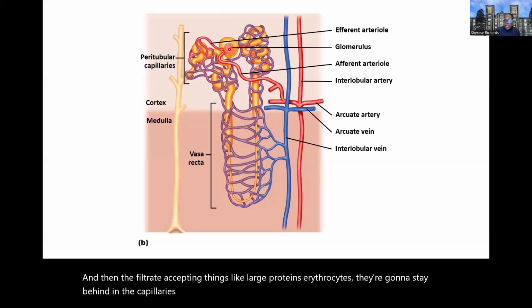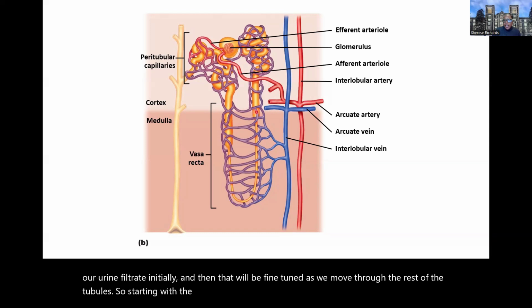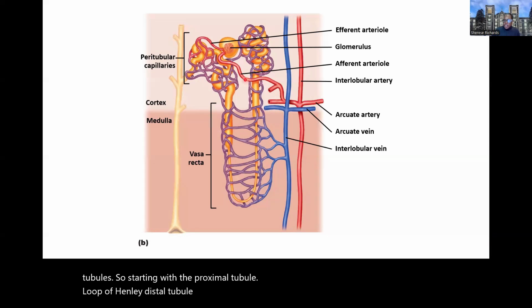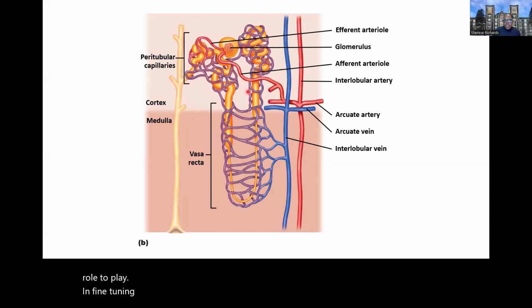The rest of that plasma is going to get squeezed across to create our urine filtrate initially, and then that will be fine-tuned as we move through the rest of the tubules. So starting with the proximal tubule, loop of Henle, distal tubule, all of these locations of the tubules are going to have their own role to play in fine-tuning that filtrate to create our ultimate urine, which eventually gets released through the ureters and then stored in the bladder.